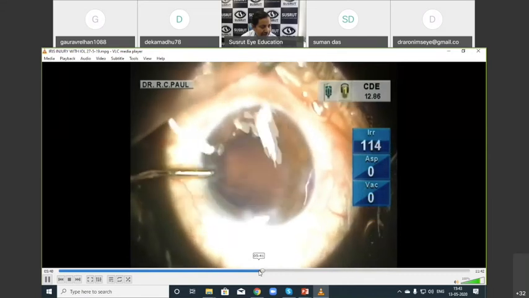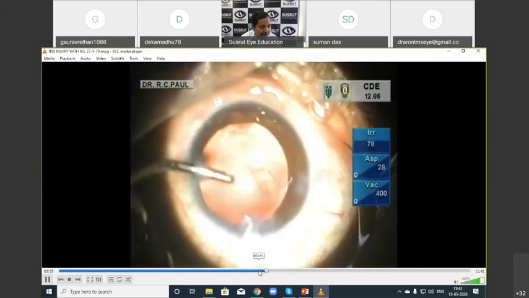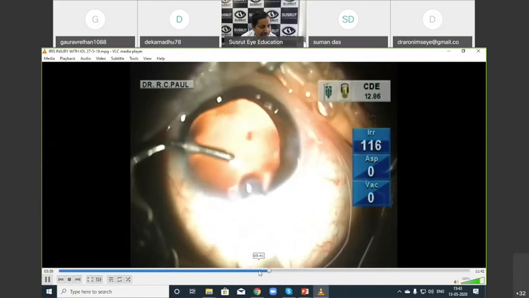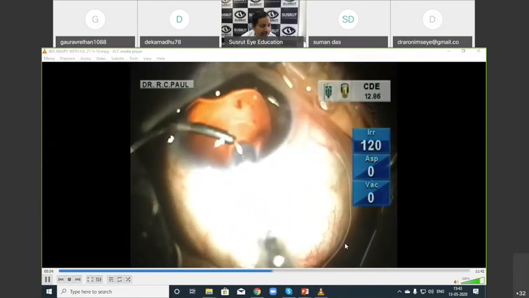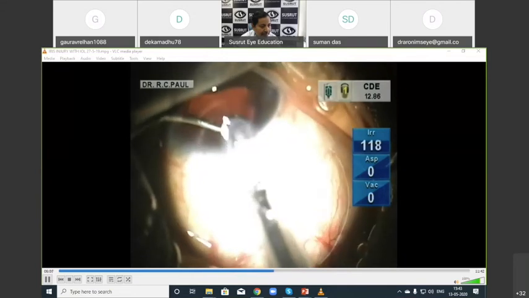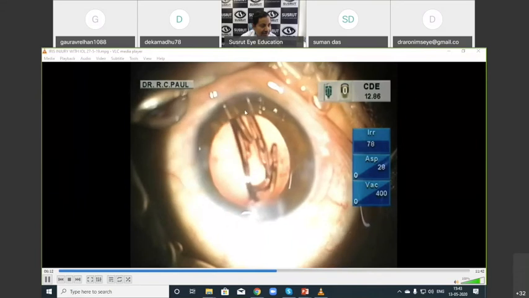So the eye is inflated by BSS with the irrigation. That's fine. Now the IOL is being inserted in the eye in the capsular bag. To an utter surprise, you can see at 6 o'clock what has happened.